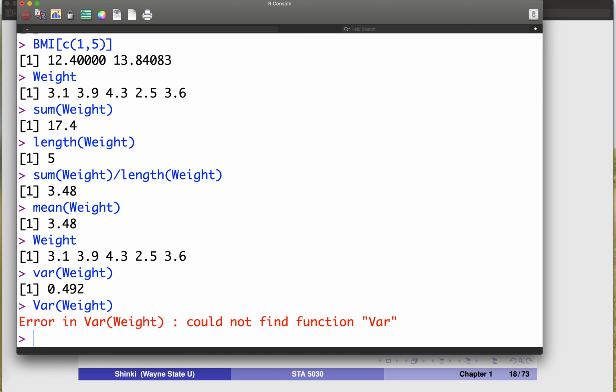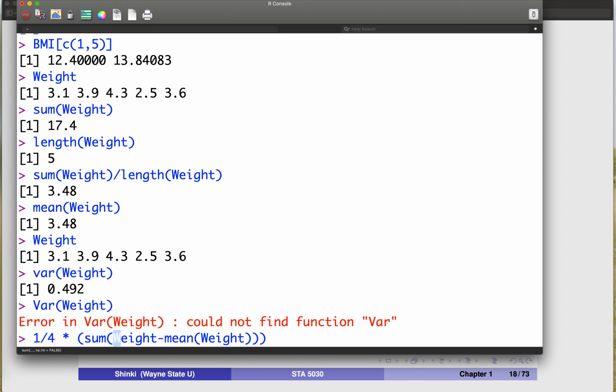Okay, so if you want to calculate everything from scratch, we have 5 observations. So 1 over n minus 1 is 1 over 4. Then we take the summation of the weight minus the sample mean of weight, then we take the square.